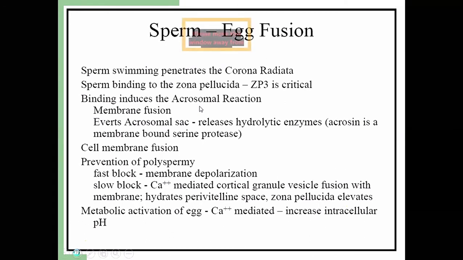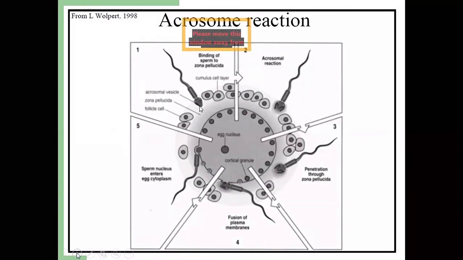Next slide. This one, the acrosomal reaction, will show you the binding of the sperm to the zona pellucida. We'll have the acrosomal reaction. That means the acrosome will release the hydrolytic enzymes, and the sperm will now be able to penetrate through the zona pellucida.